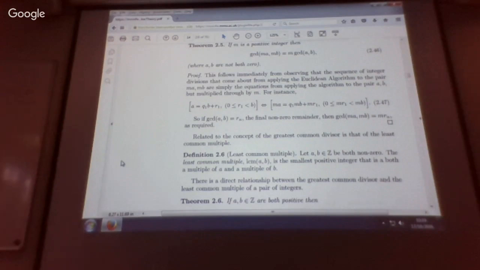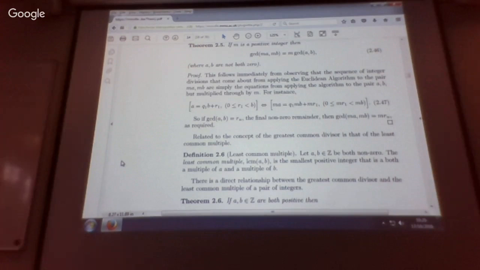Any questions about that? When you look at the exercises at the end of the chapter, on page 16, there's a few other similar looking properties of the GCD. Ways the GCD function behaves on certain kinds of inputs and relationships that it has.